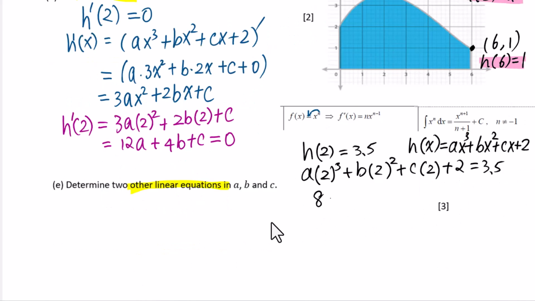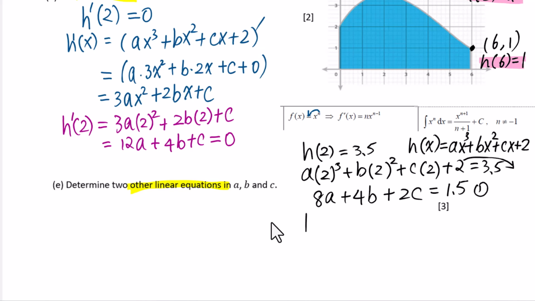Organize: 8a + 4b + 2c equals 3.5 minus 2 on both sides, which is 1.5. This is the first equation.